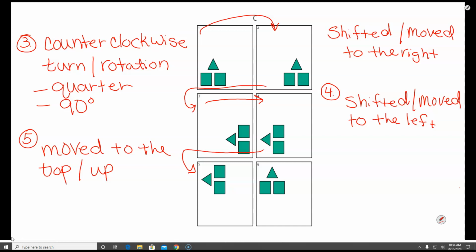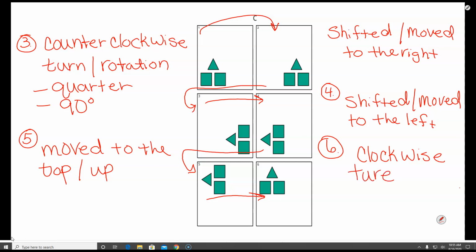So then let's look at from 5 to 6. From 5 to 6, what happened here? So number 6, once again, it looked like it kind of spun around or rotated, or you could even call it a turn. But which direction did it go this time? It looks like it went clockwise. Turn.